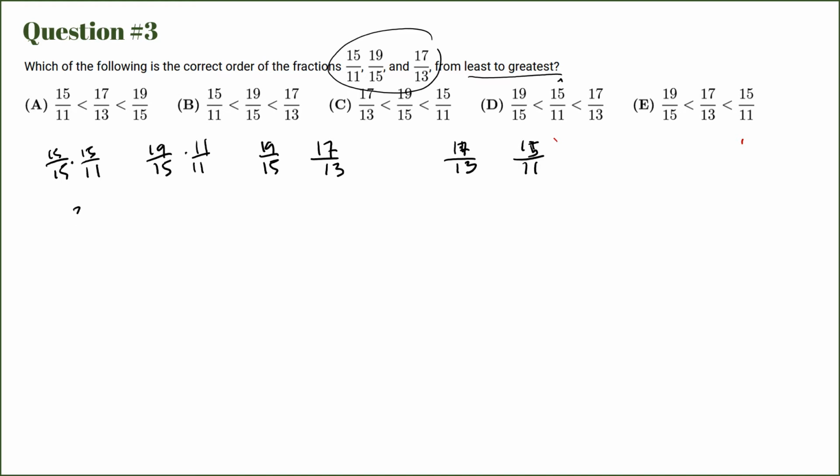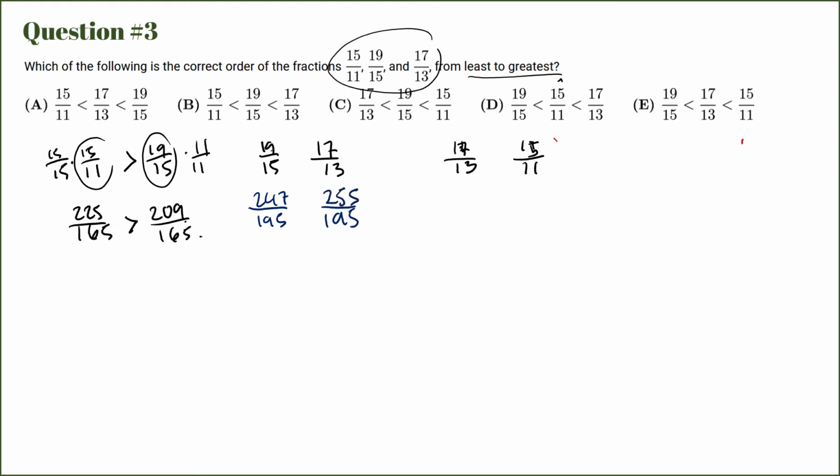So that would be 225 over 165 and 209 over 165. So 15 over 11 would be greater than 19 over 15. Next, if you make the common denominator 195, this numerator becomes 247, and this numerator becomes 255.